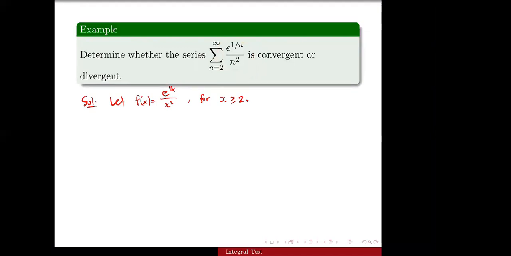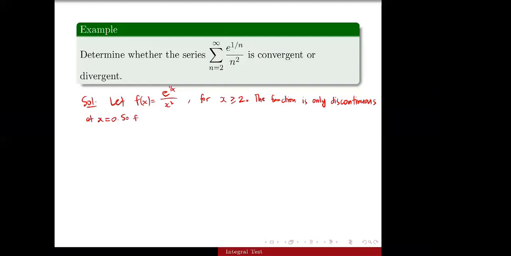And then note that the function is only discontinuous at x equals 0.